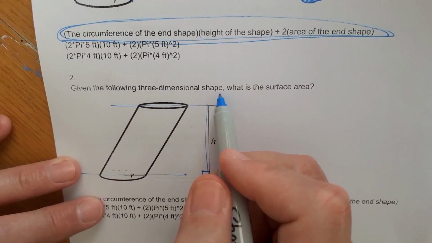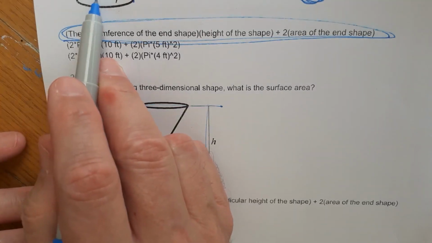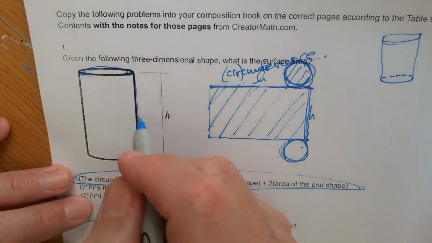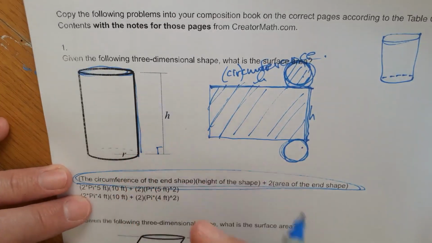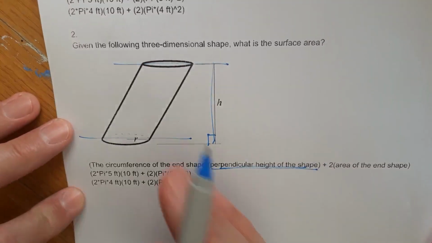So given the following three-dimensional shape, what's the surface area? What they're trying to show us is it's exactly the same for an oblique shape as it is for a non-oblique shape, with the important part that we're talking about a perpendicular height. We probably did not define this up here as perpendicular, but it is. And notice that becomes a little bit more critical when the shape is slanted over.